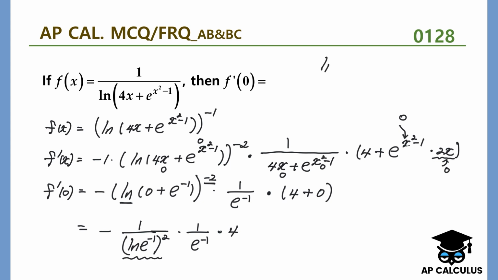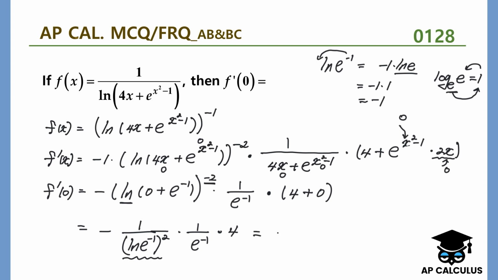Remember, natural log e to the negative 1, using the property of logarithm, this can be written as negative 1 times natural log e. Natural log e is what? 1, right? That's log base e. That's 1. E to the power of 1 is equal to e. That's the definition of logarithm. So that's going to be negative 1 times 1 is equal to negative 1, right?